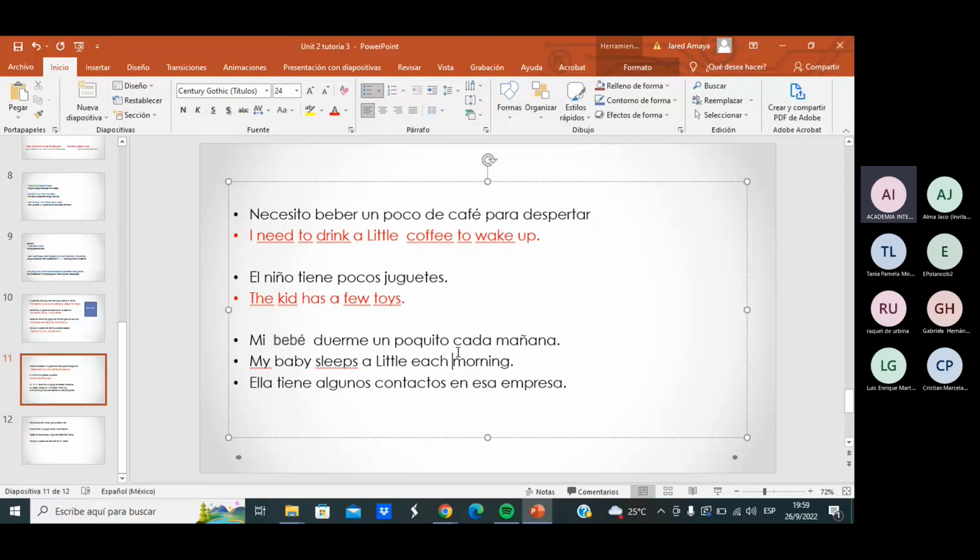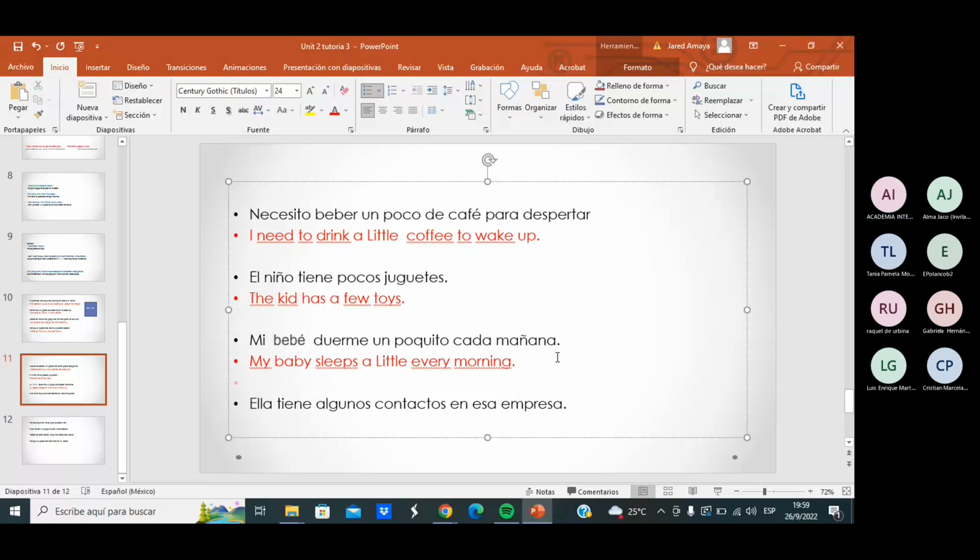Even that sounds better if we use every. My baby sleeps a little every morning. Cada mañana o todas las mañanas. Es que hay algunas palabras que a veces en inglés pensamos, por ejemplo, busquemos esa.